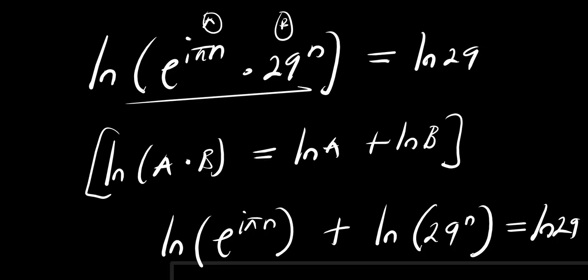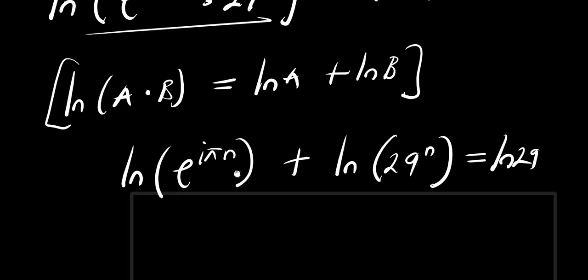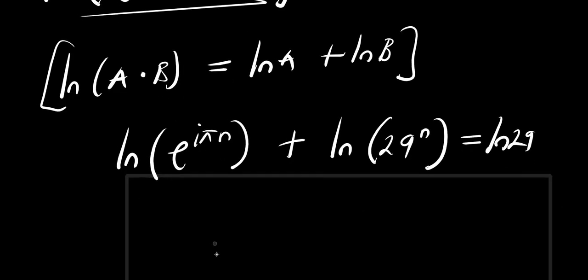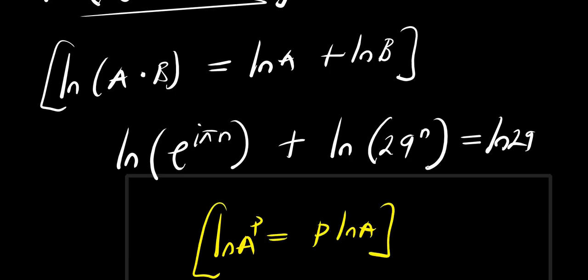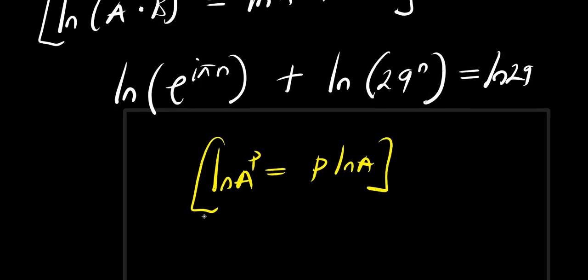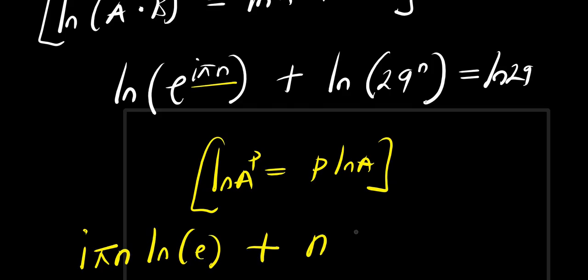So let's apply these other properties of natural log. You have the natural log of a^b equals b times the natural log of a. That means i pi n will come behind the natural log. I'll have i times pi times n times the natural log of e plus n times the natural log of 29 equals the natural log of 29.